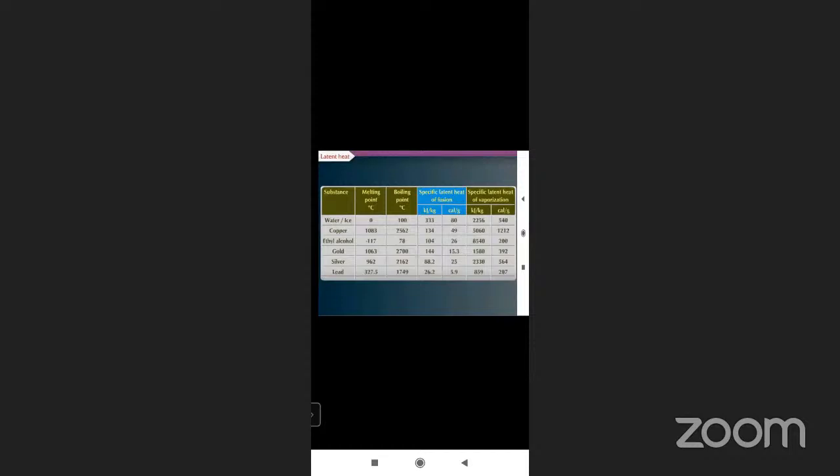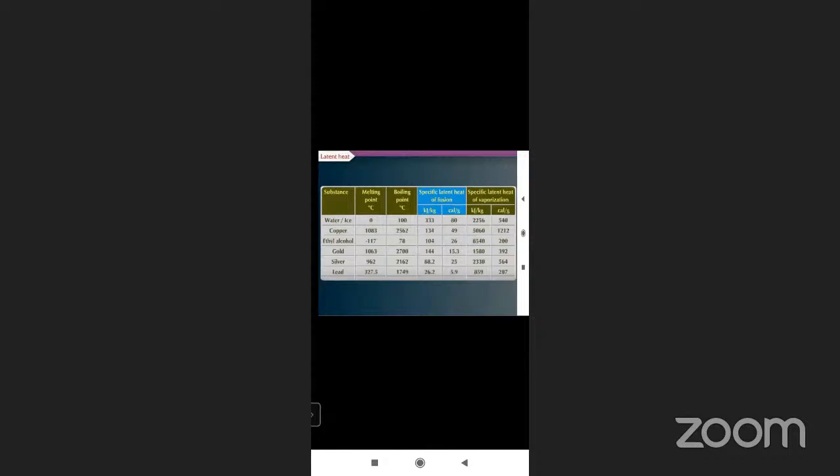Now the third substance is ethyl alcohol. Just see the melting point. Melting point of ethyl alcohol is minus 117 degrees Celsius and boiling point is 78 degrees Celsius. Then specific latent heat of fusion of ethyl alcohol is 104 kilojoule per kilogram and it is 26 calorie per gram.